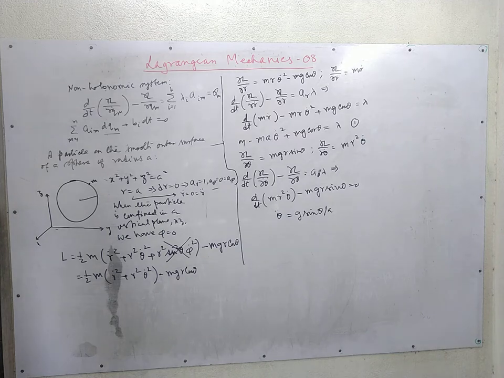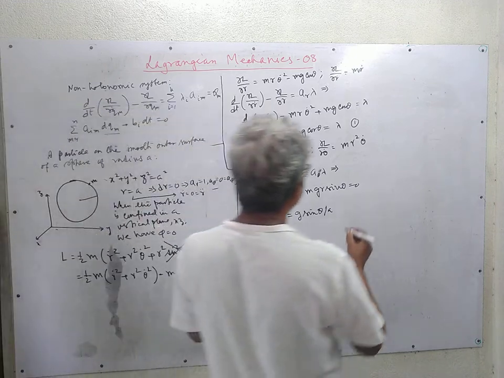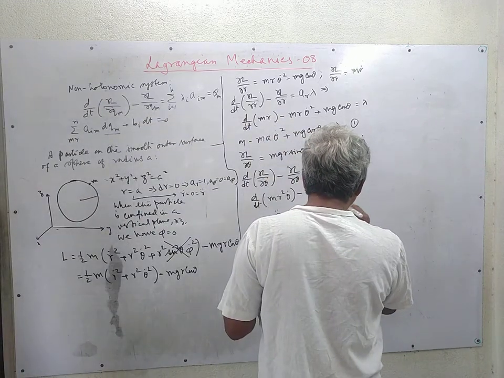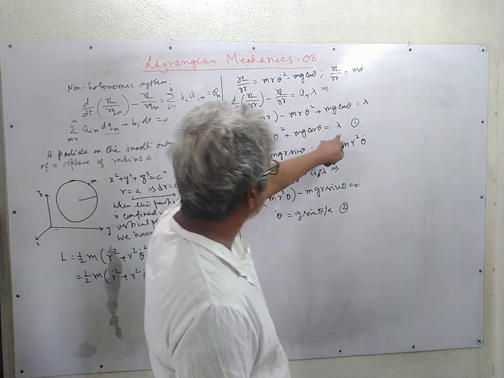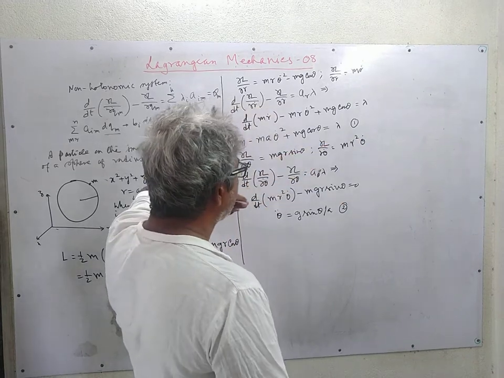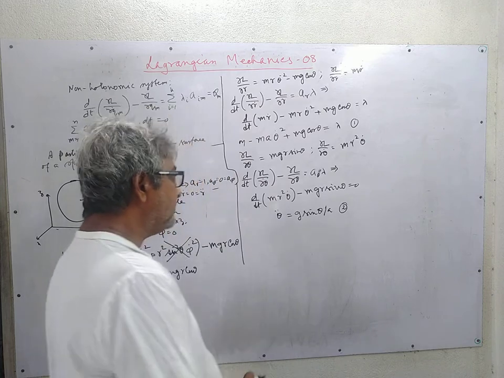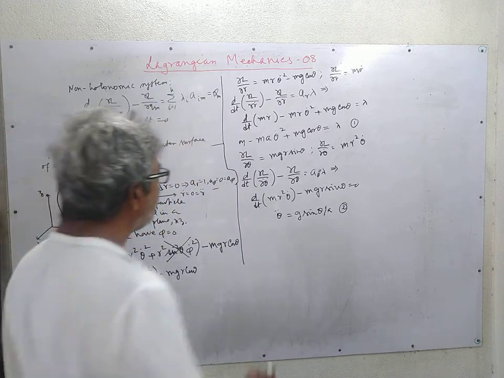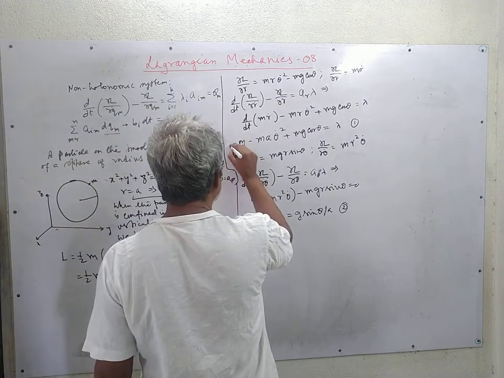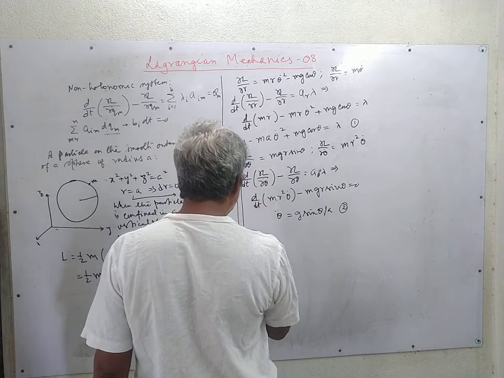We see from equation 1 that the undetermined multiplier lambda depends on theta. To get the theta dependence of lambda, we differentiate this equation with respect to theta.